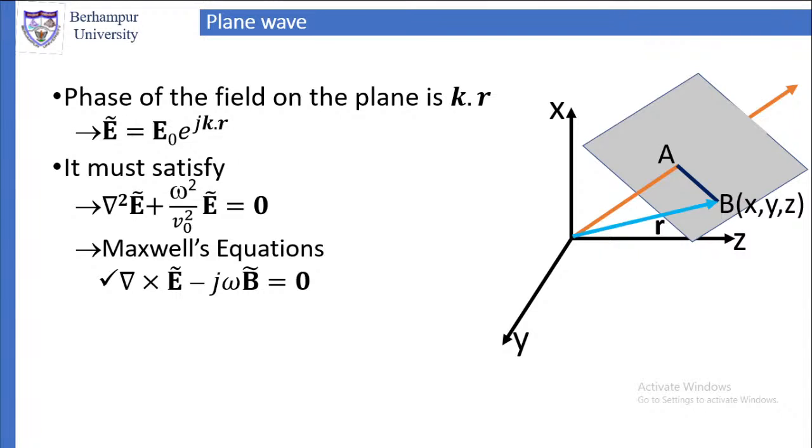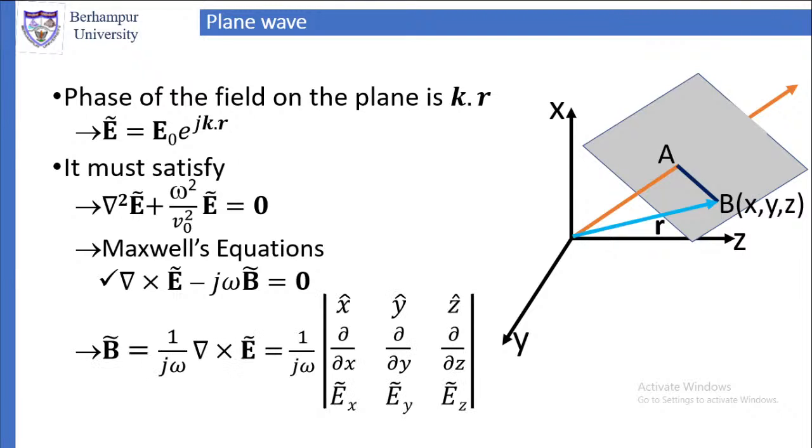As you know, for a monochromatic wave or time harmonic wave, dou by dou t is equivalent to j omega. Using that, we get del cross E tilde minus j omega B tilde is equal to 0. So these are the two equations which must be satisfied by the plane wave.